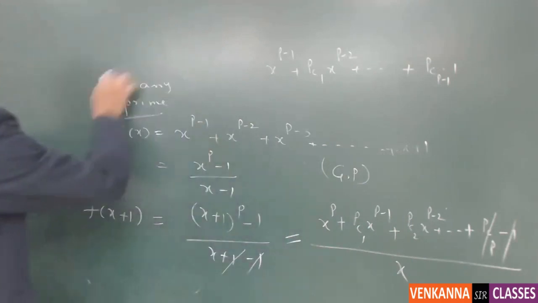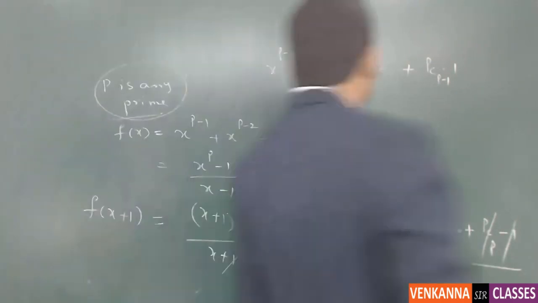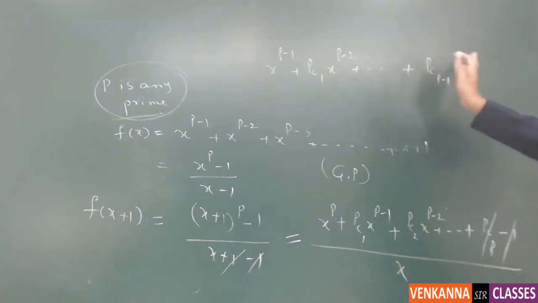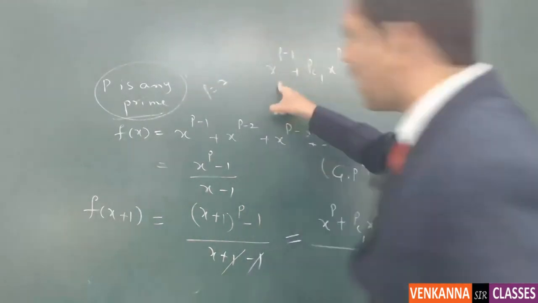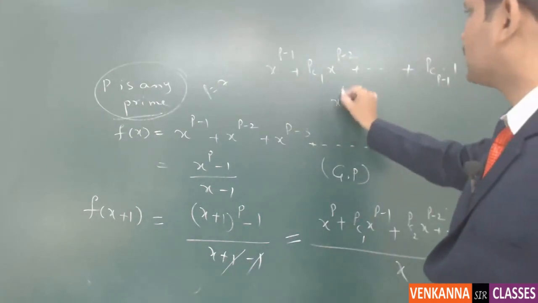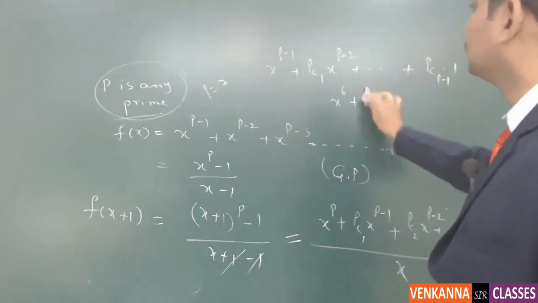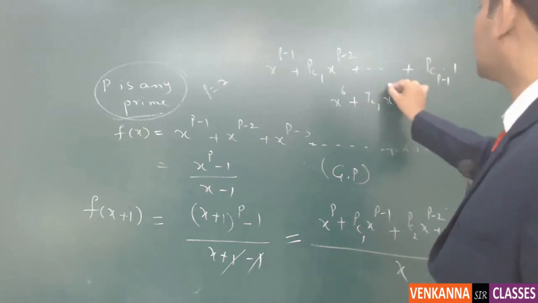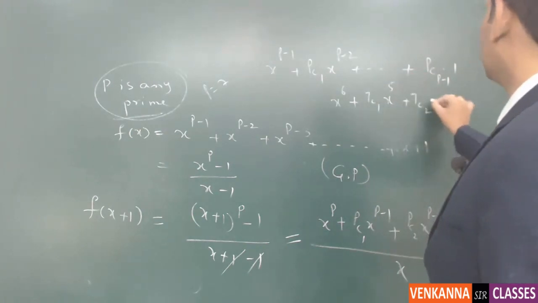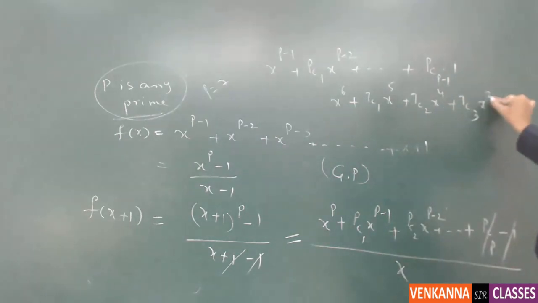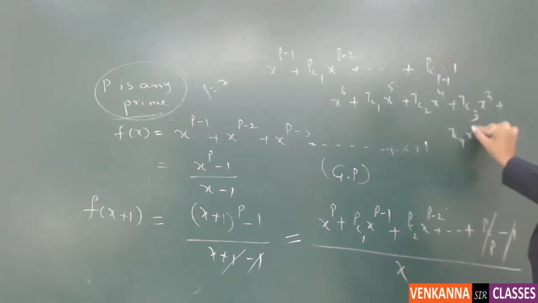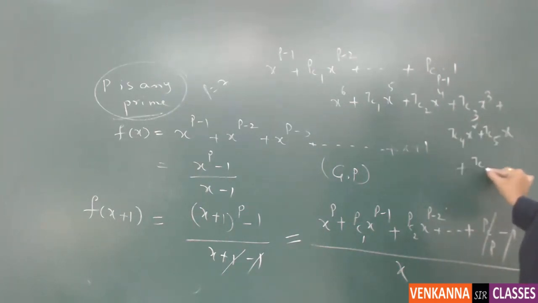Here p is a prime number. So for example, if you elaborate this polynomial, say p is equal to 7, what is this? This is nothing but x power 6 plus 7C1 into x power 5 plus 7C2 x power 4, 7C3 x cube, 7C4 x square, 7C5 x, 7C6. Am I correct?